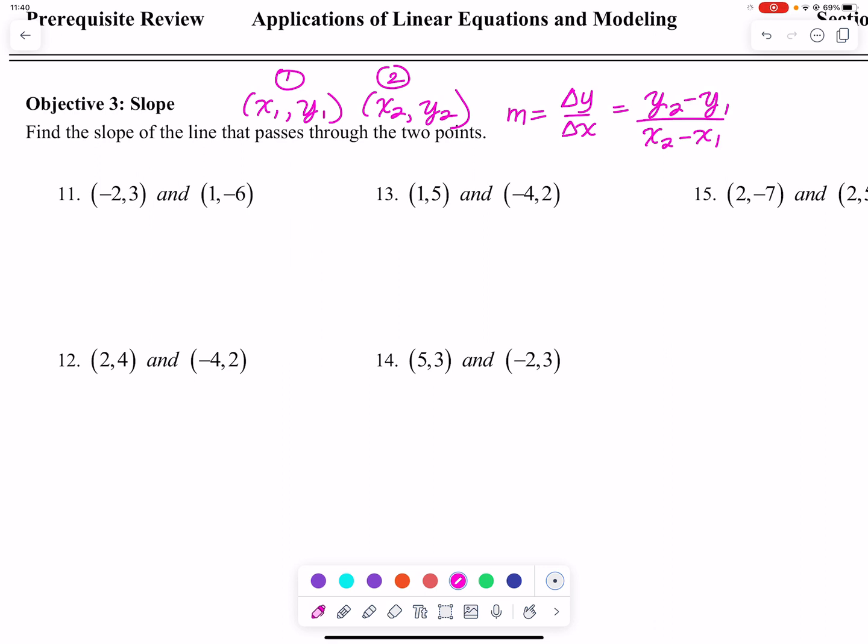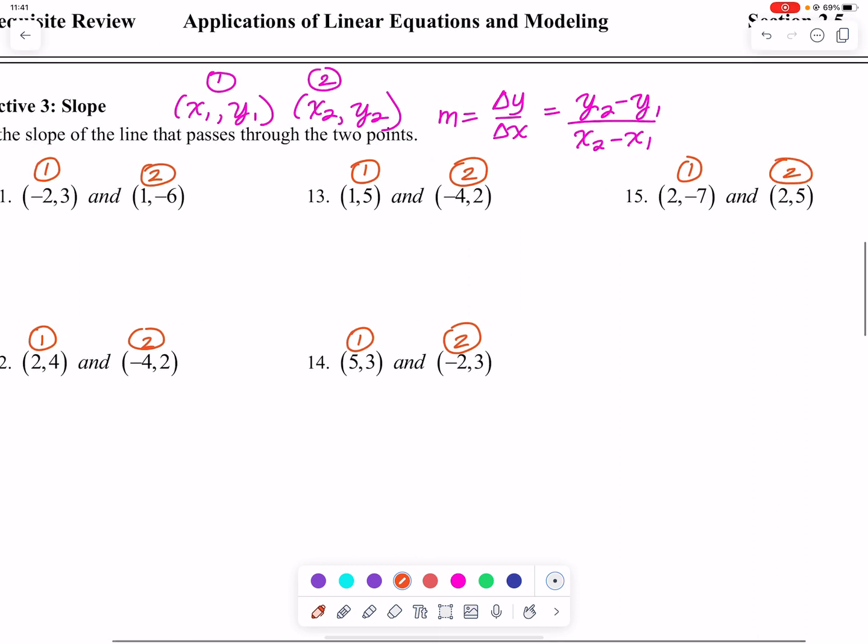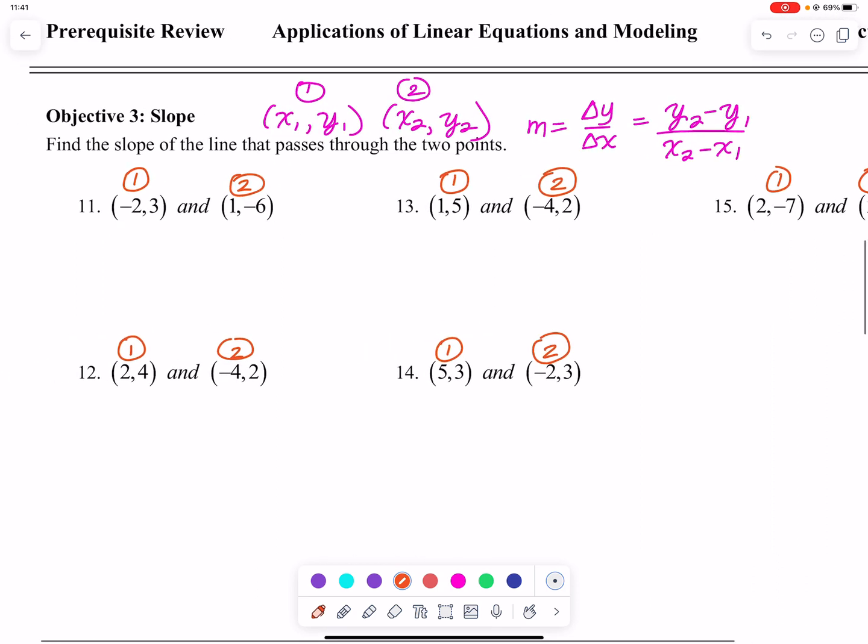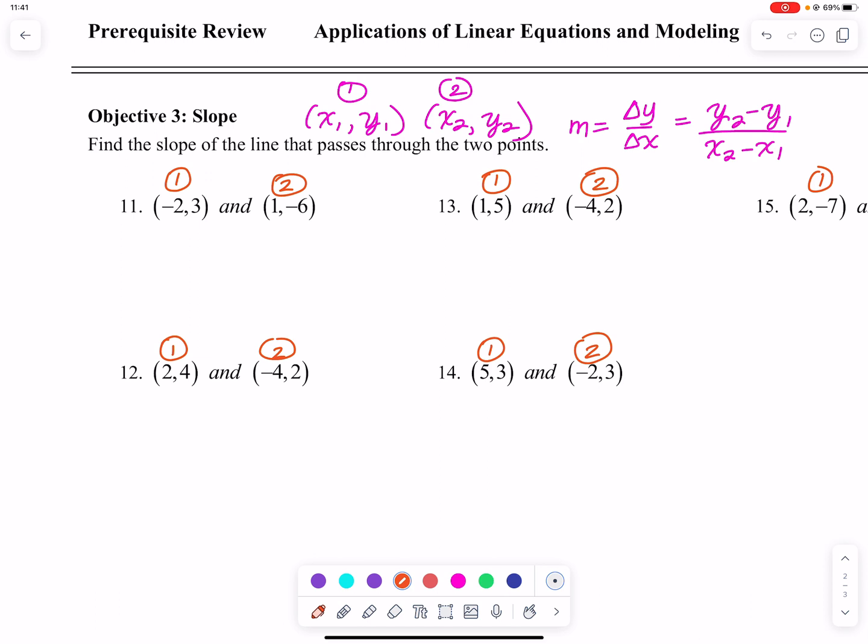So I like to label these point 1 and point 2. It has always helped keep everything straight. And as you can see, I'm just running through every one of these problems, setting myself up for success.